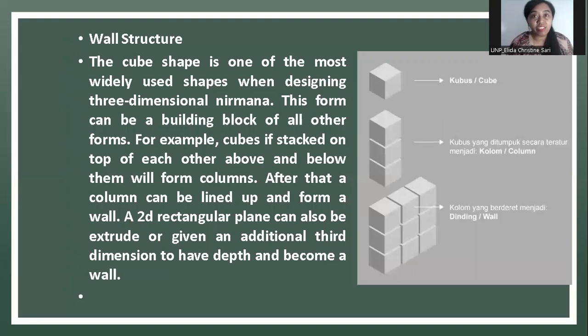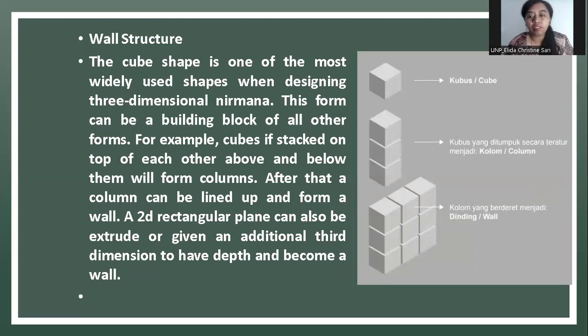How about wall structure? The cube shape is one of the most widely used shapes. When designing 3 dimension Nirmana, this form can be a building block for other forms. For example, cubes are stacked on top of each other, above and below, with 4 columns. After that, the columns are lined up and form a wall with 2 rectangles.